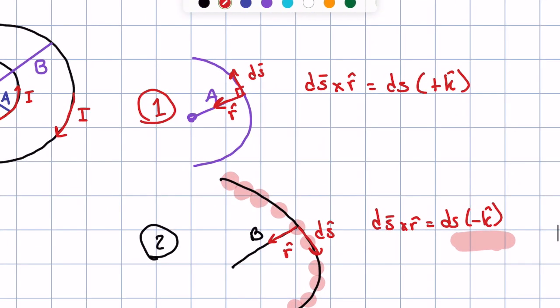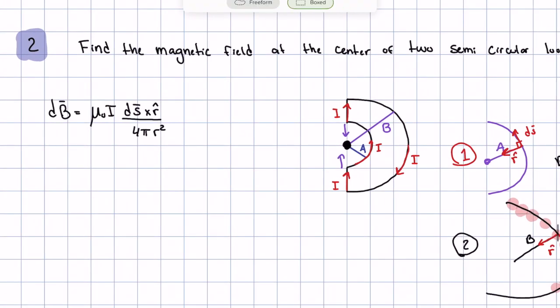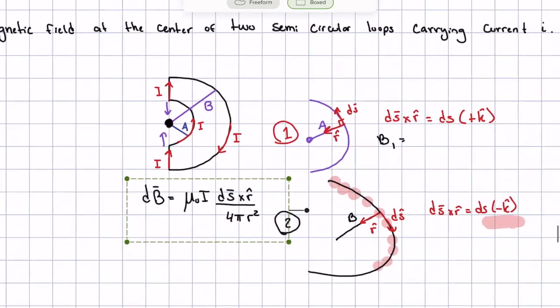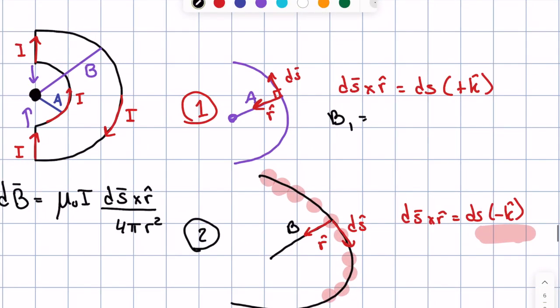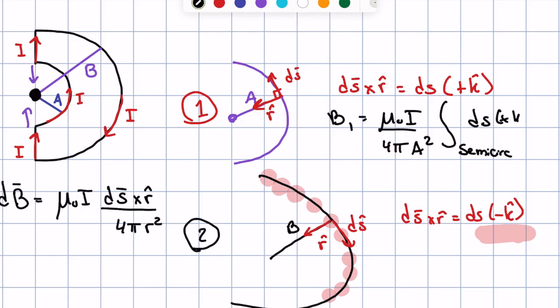We're going to call this B1 and say that B1 is equal to, then we're going to go down here, pull our Biot-Savart law, and B1 is equal to mu naught I over 4 pi a squared, because r is the radius here, we call it a, and then it's going to be the integral over the semicircle of ds in the plus k hat direction. So essentially we're just stepping along our semicircle and adding up their contributions.